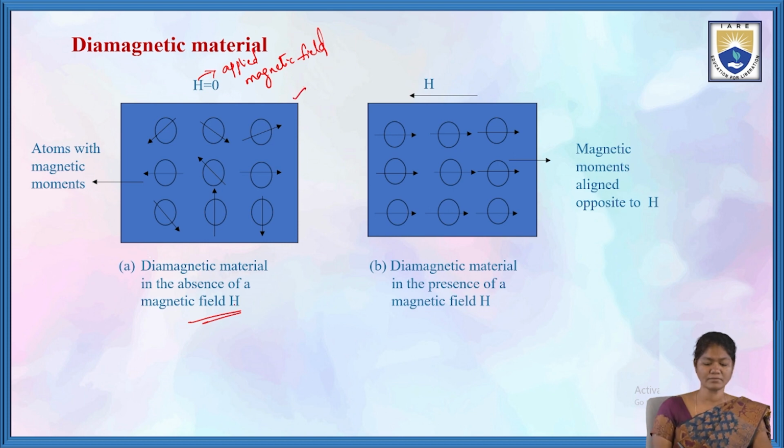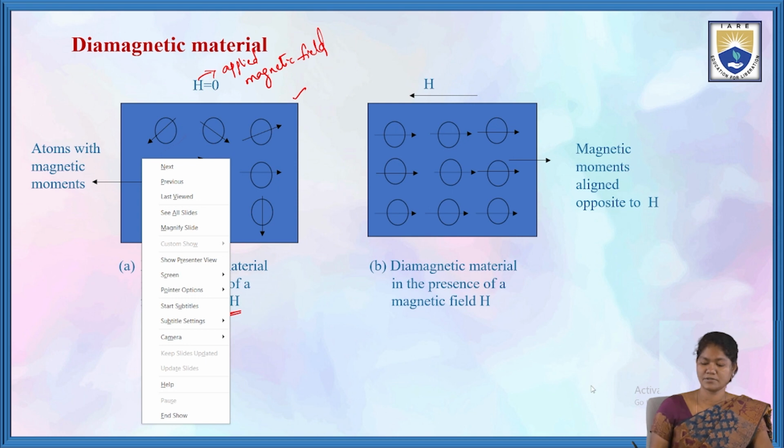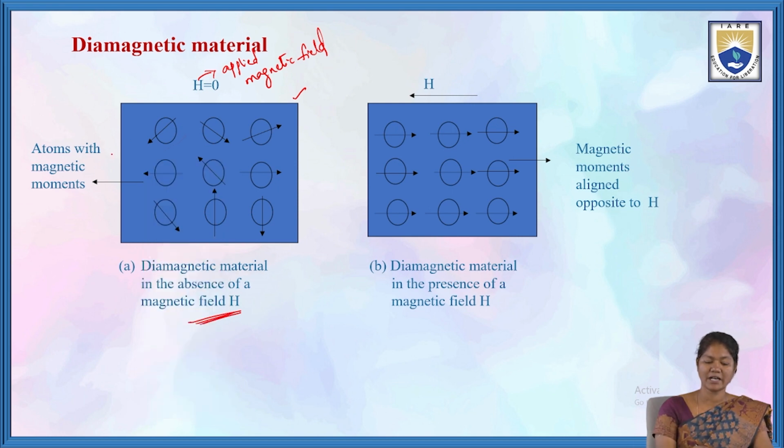This figure is related to the diamagnetic material when it is placed in a zero magnetic field. Here the atoms with the magnetic moments have random orientations. They are not aligned in any direction.